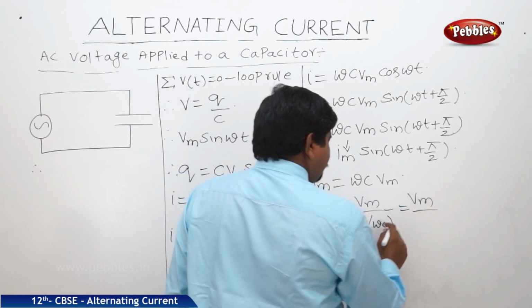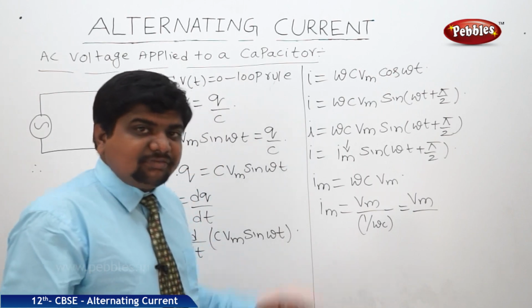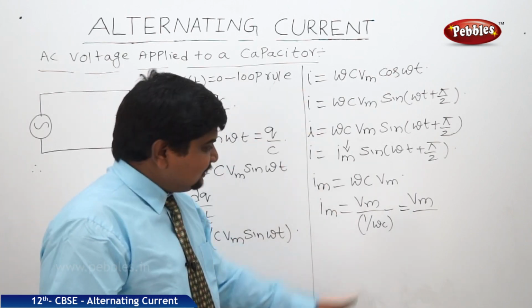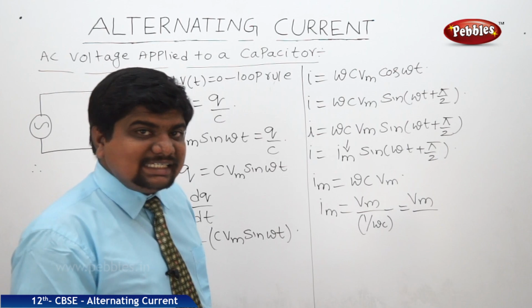What is this 1 by omega C? It is in the place of resistance, but in the case of capacitors, it is called capacitive reactance.